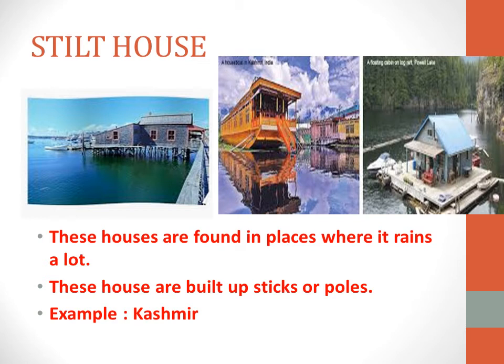So usually these types of houses are found in the place where it rains a lot. For example, in India we have Kashmir. In Kashmir you can see these types of houses, and these houses are called stilt houses. Stilt, S-T-I-L-T. Stilt house.